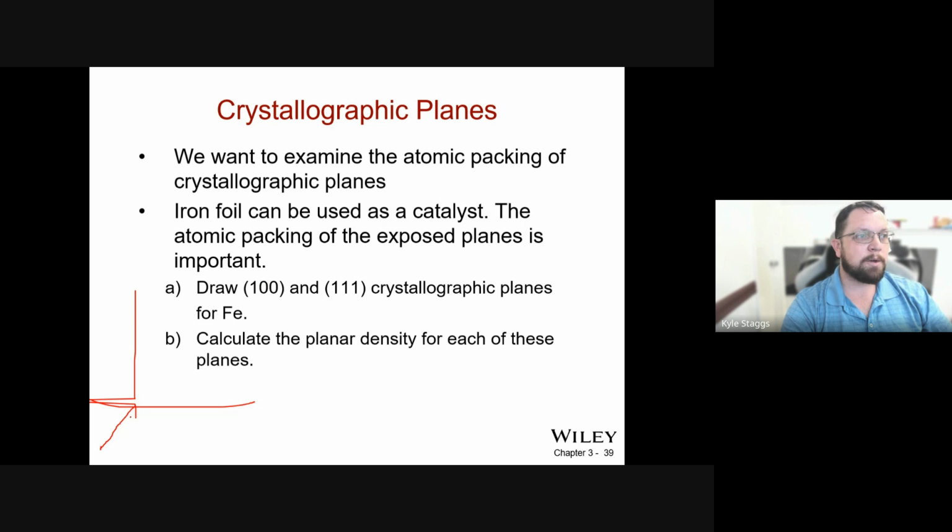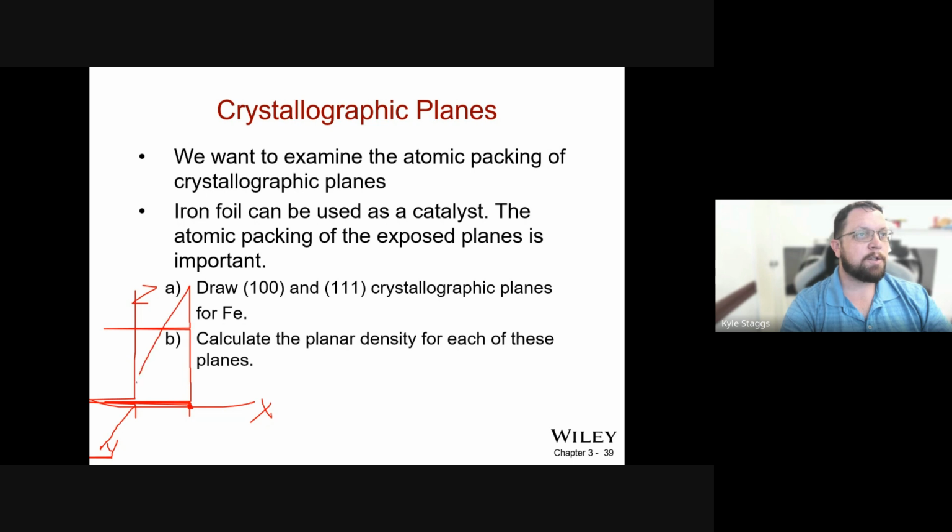A 1 0 0 is going to be, so if this were Y and this were X, this were Z, what we've got at a 1 0 0 is a point here, and that intercept is going to make basically a line here.